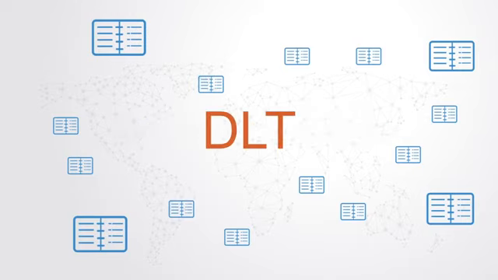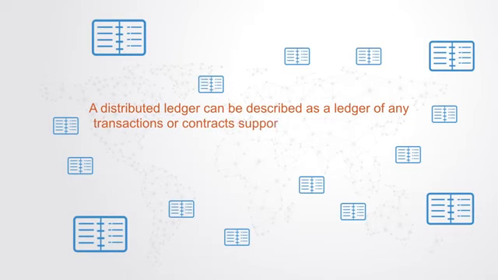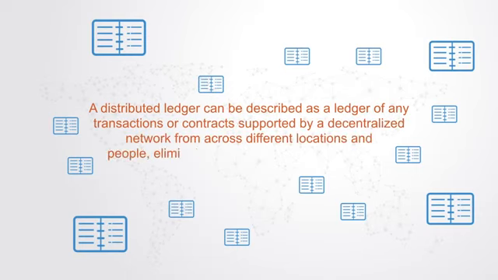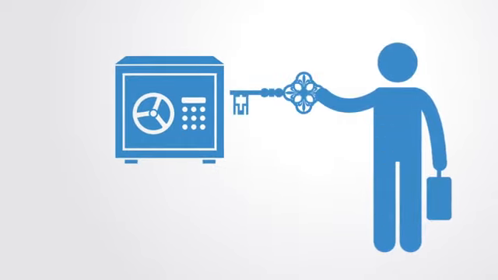A distributed ledger can be described as a ledger of any transactions or records supported by a decentralized network from across different locations and people, eliminating the need of a centralized authority. All the information on the ledger is securely and accurately stored using cryptography and can be accessed using keys and cryptographic signatures.